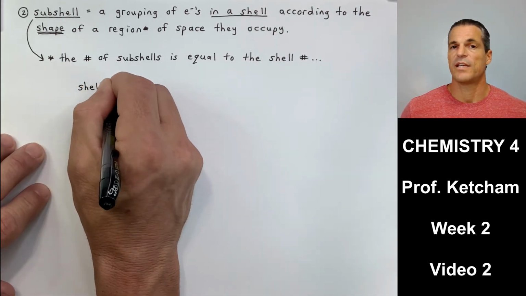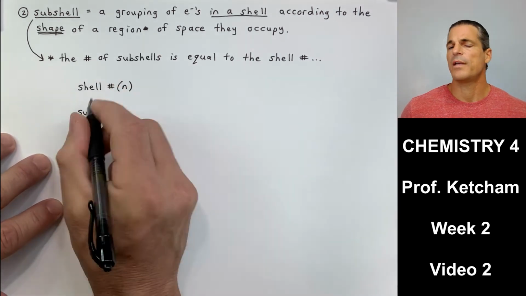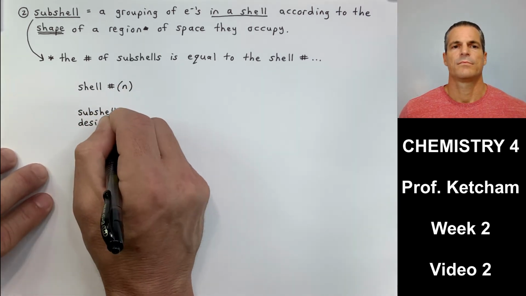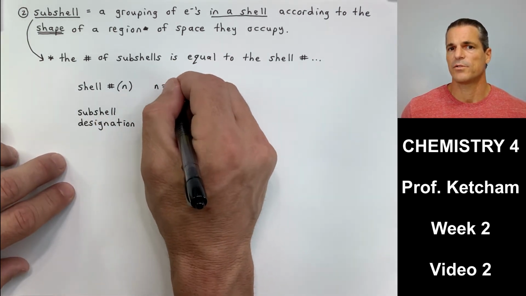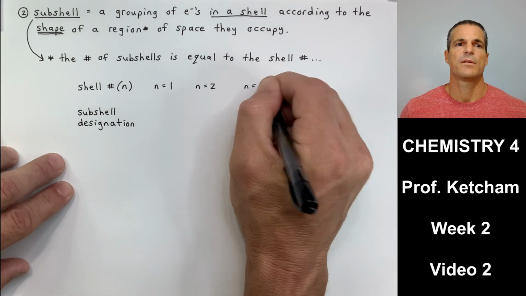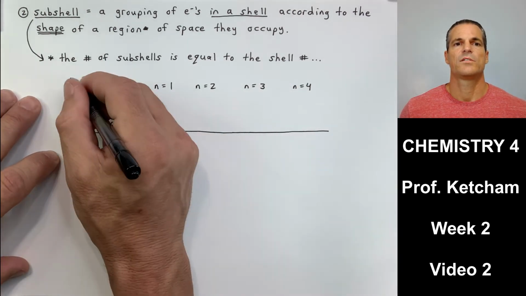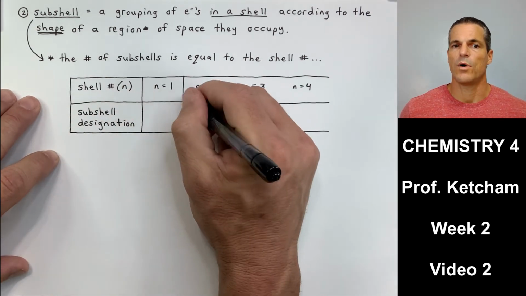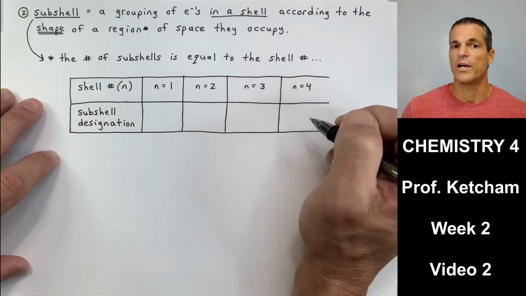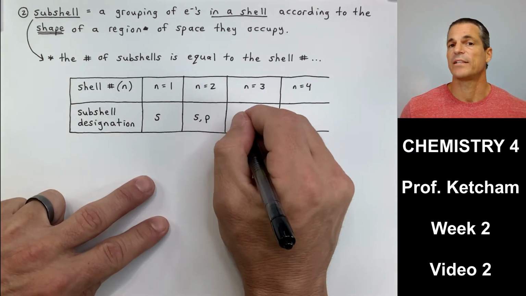All right, so here's what I mean by that. I'm going to make another table. So shell number n, that's kind of the same row we just made. So n equals 1, n equals 2, n equals 3, n equals 4, just like last time. Except now we have a subshell designation. When n is equal to 1, when I'm in the energy level of 1, I can only have something called an s subshell or an s orbital.